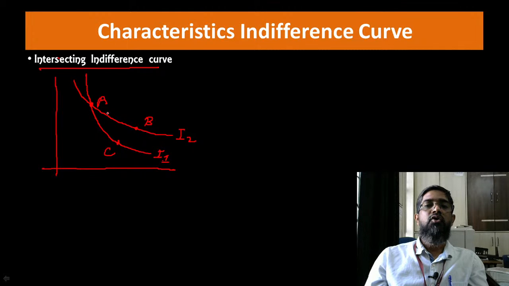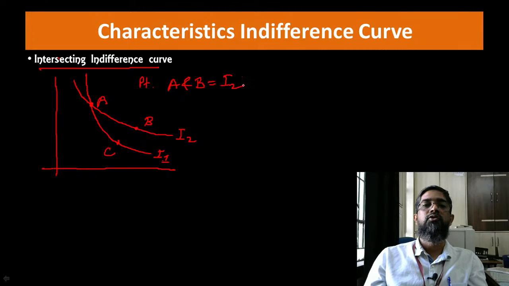So you see, points A and B are on the higher indifference curve, that is I2, whereas points A and C are on indifference curve 1. So satisfaction on A and C should be the same because they are on indifference curve 1, and satisfaction on A and B should be the same because they are on indifference curve 2.